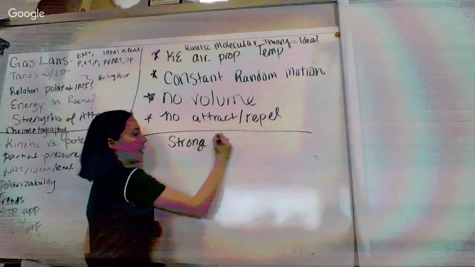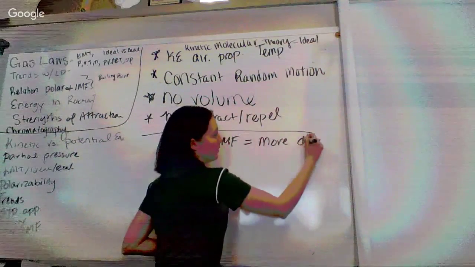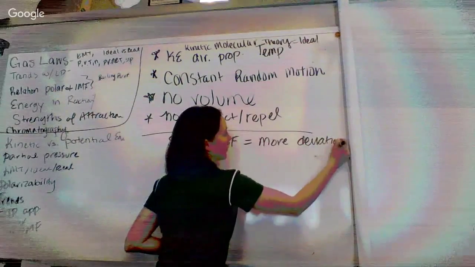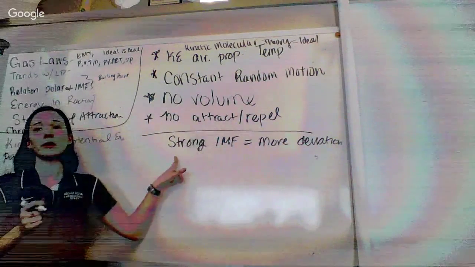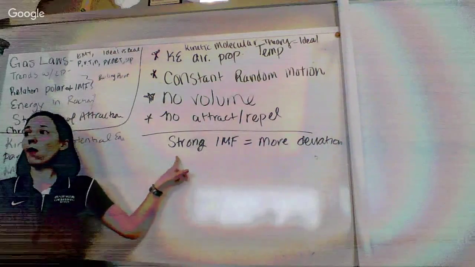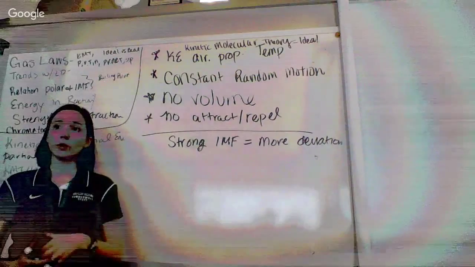Strong IMFs are going to equal more deviation, because we said ideal gases don't have any IMFs. So the more IMFs you have, the more you're going to deviate. Any situations that allow for IMFs cause more deviation.